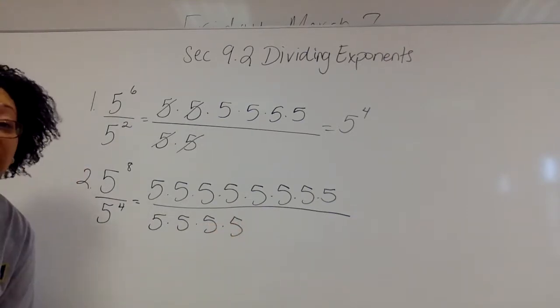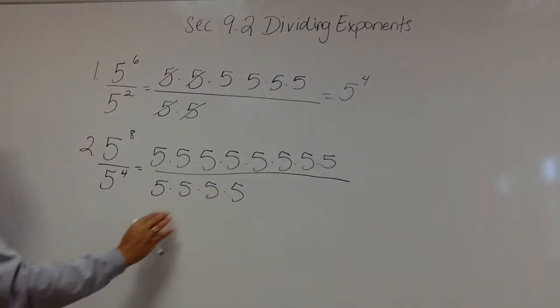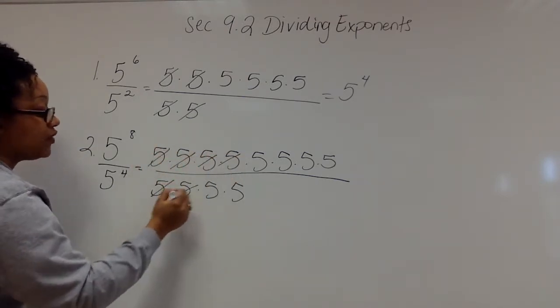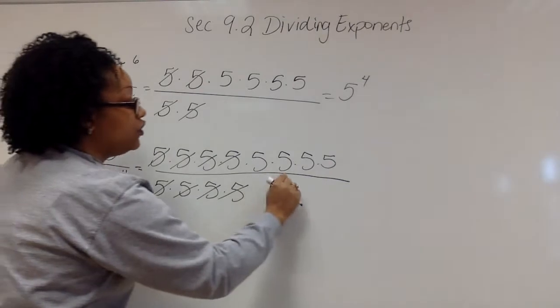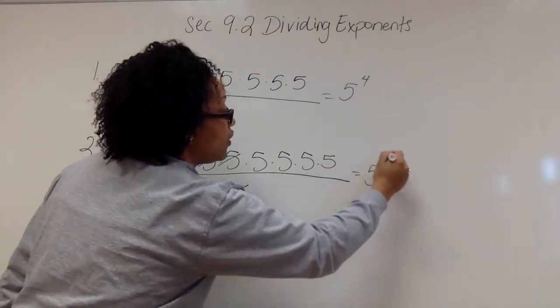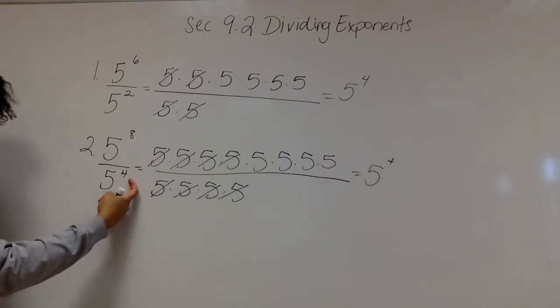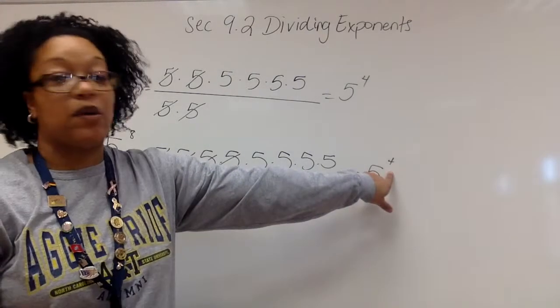Then I can cancel out the number that they share. If there are 4 5s on the bottom, I can cancel out the 4 5s on the top, and I'm left with 1, 2, 3, 4, 5 to the 4th. And again, there's a relationship between the exponents that I started with and the exponent that I ended with.